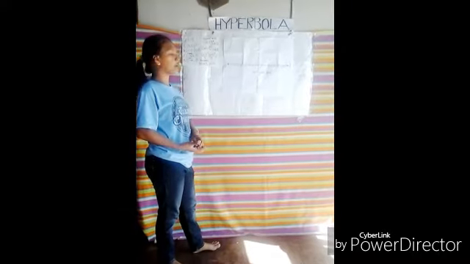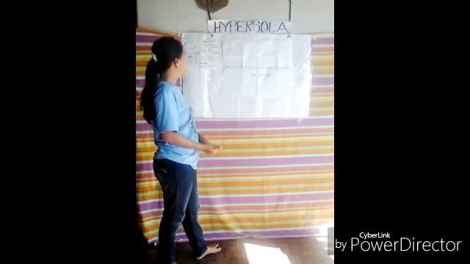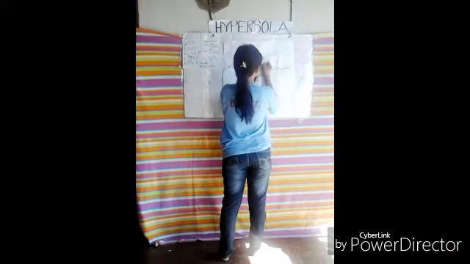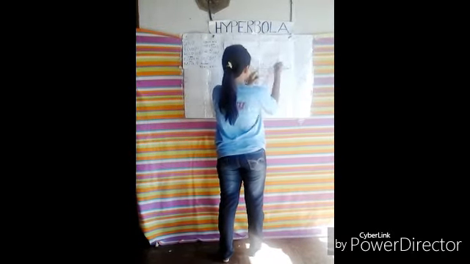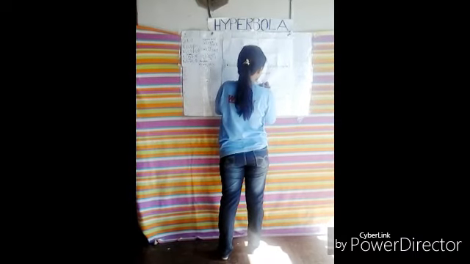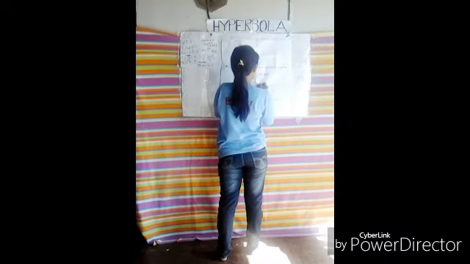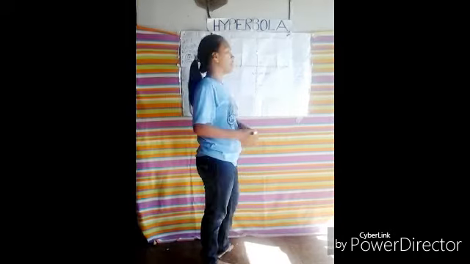Next is the endpoint of conjugate axis. Endpoints of conjugate axis are positive 1 and positive 1, and positive 1, negative 5. Then draw a rectangle.